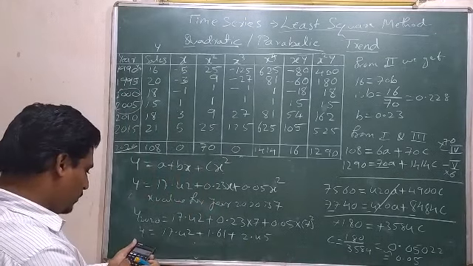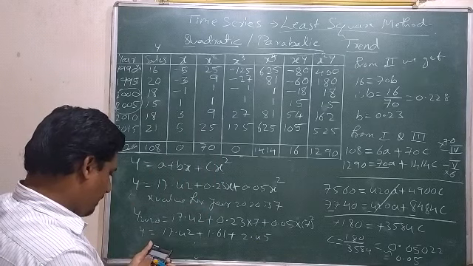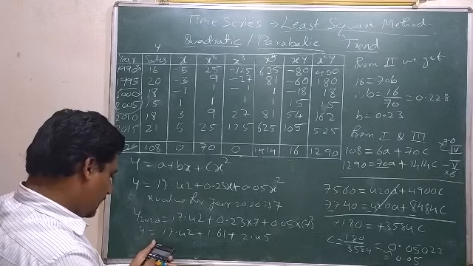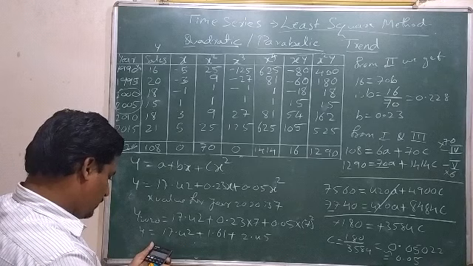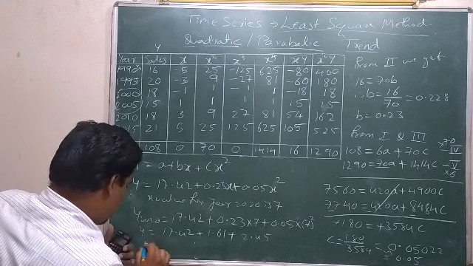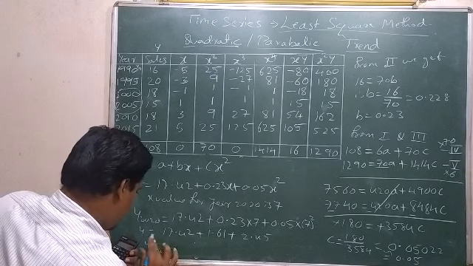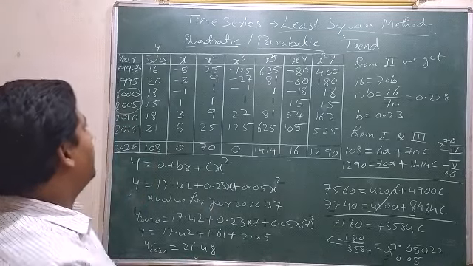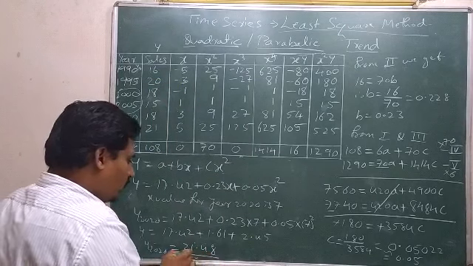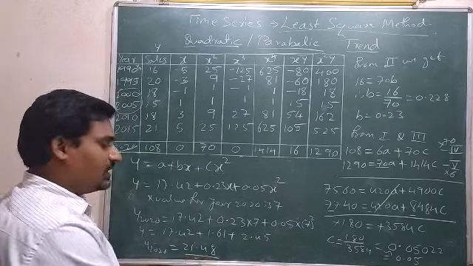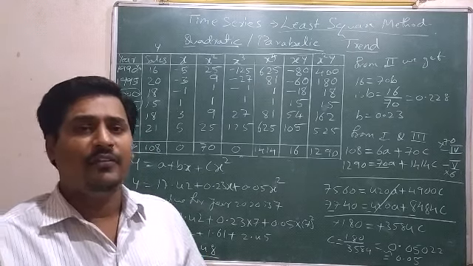So 17.42 plus 1.61 plus 2.45 is y 2020, which is equal to 21.48. So the sales for the year 2020 is 21.48 thousands. So this is how we can identify the trend value.